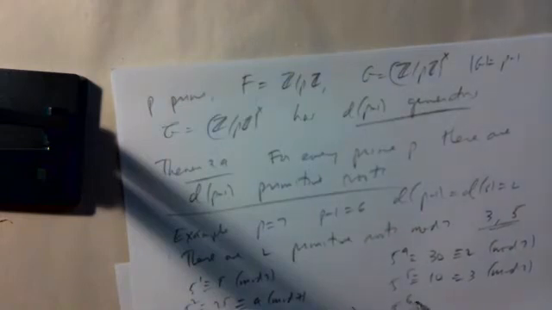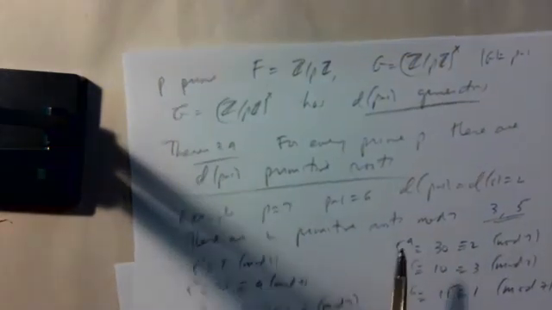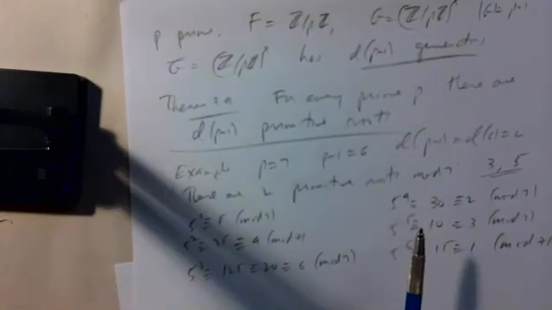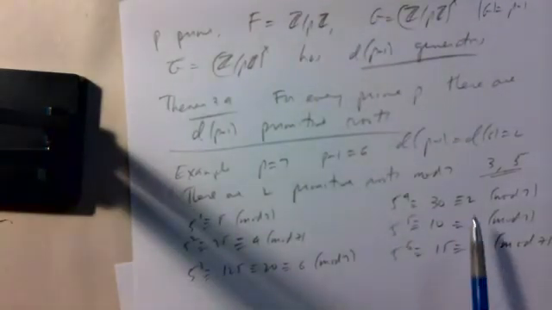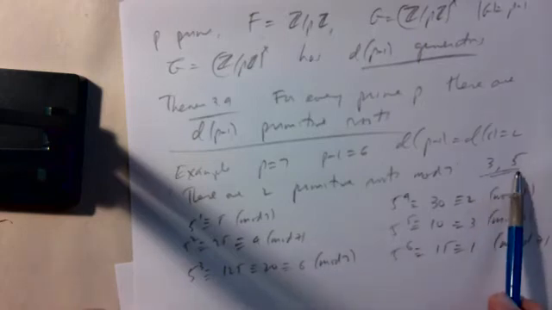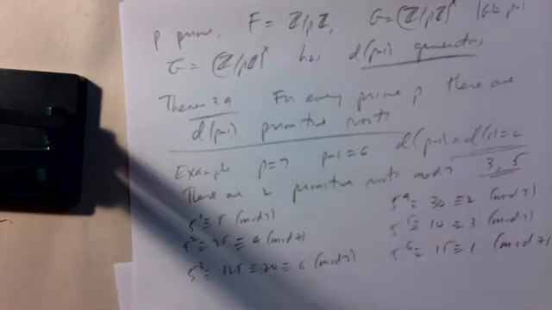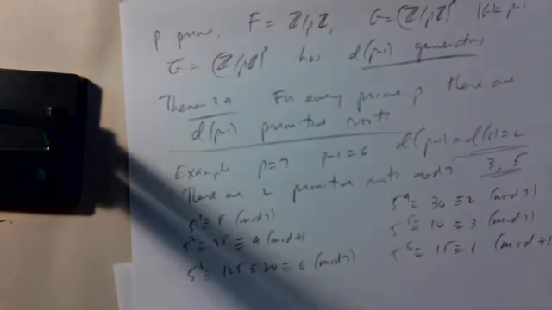And 5 to the sixth is 5 times 3 is 15, which is 1 mod 7. So when I take the powers of 5 mod 7, I see that I have 1, 2, 3, 4, 5, 6. I have everything. So 3 is a primitive root, 5 is a primitive root, and there are exactly 2 primitive roots. So there aren't any more.